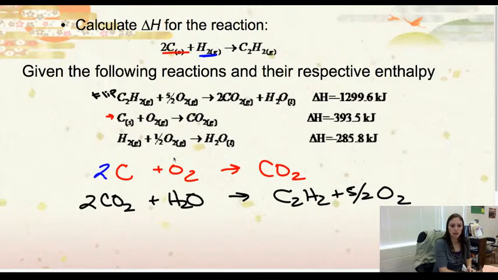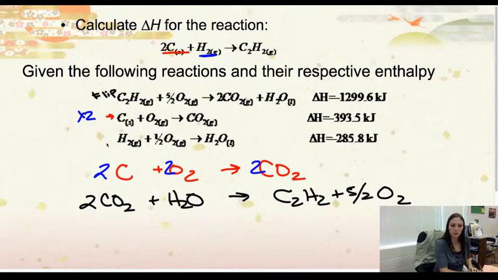So if I take this times 2, that means I'm going to take this carbon one times 2. So now I've got the 2 carbon dioxides canceling, and I've got 2 carbons, which is good. I've still got 1 C2H2, so I want to leave that one alone, which means I need to get these waters to cancel, because I don't want water in my final one.